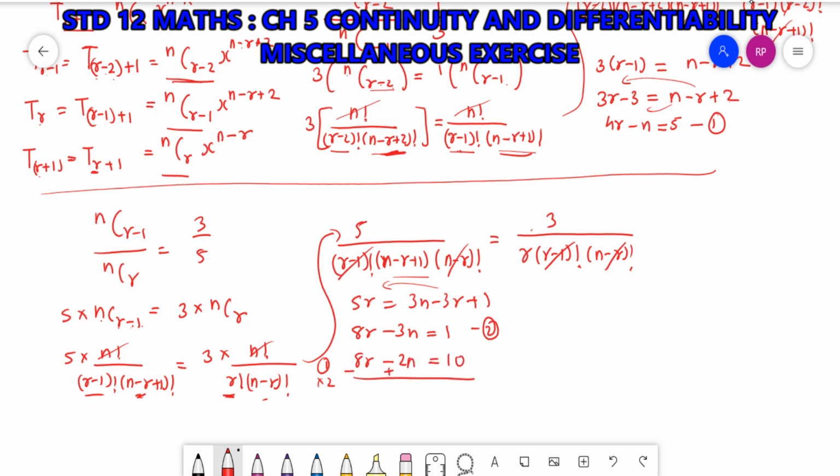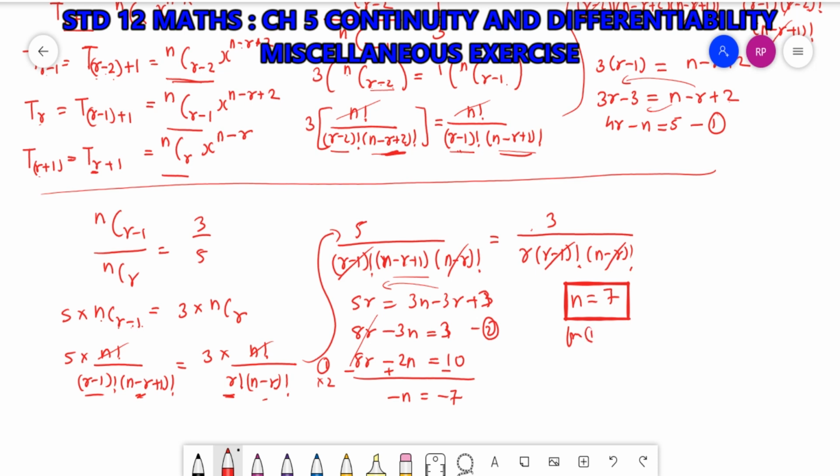So it will be 8r minus 2n equal to 10. Subtracting, the 8r will get cancelled. So minus 3n plus 2n, it will be minus n. Sorry, here there is a mistake. When we cross multiply, it will be 3. So this will be equal to 3 minus 10, minus 7. That means n is equal to 7.